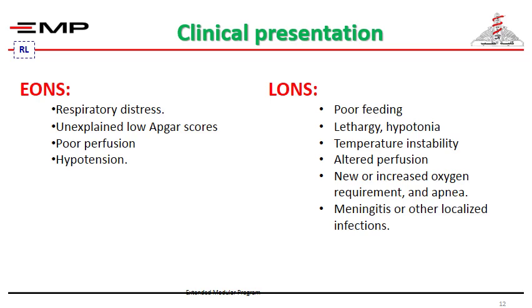Other features include unexplained low Apgar scores without fetal distress, poor perfusion and hypotension, while late onset neonatal sepsis presents in a more subtle manner, with poor feeding, lethargy, hypotonia, temperature instability, altered perfusion, new or increased oxygen requirement, and apnea. Late onset neonatal sepsis is more often associated with meningitis or other localized infection. More will be explained in the face-to-face session.